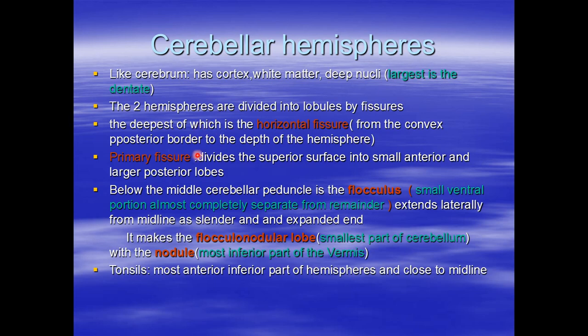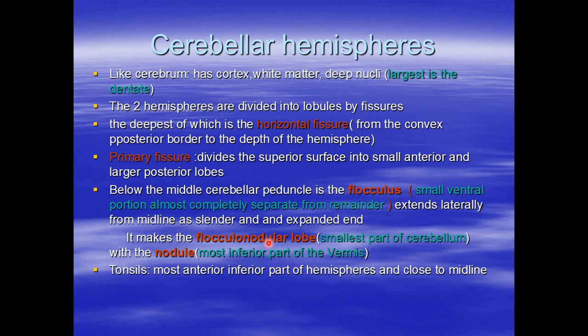Below the middle cerebellar peduncle, and we said the middle cerebellar peduncle connects the cerebellum to the pons and is the largest peduncle, is something called the flocculus, which is a small ventral portion almost completely separated from the rest. This flocculus extends laterally from the midline as a slender and expanded end, making what's called the flocculonodular lobe, which is the smallest part of the cerebellum.